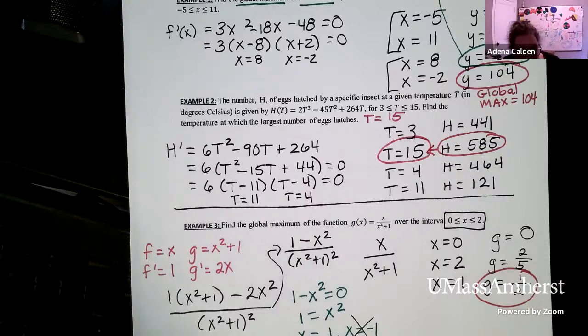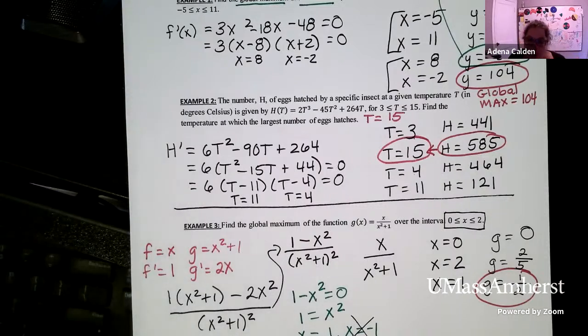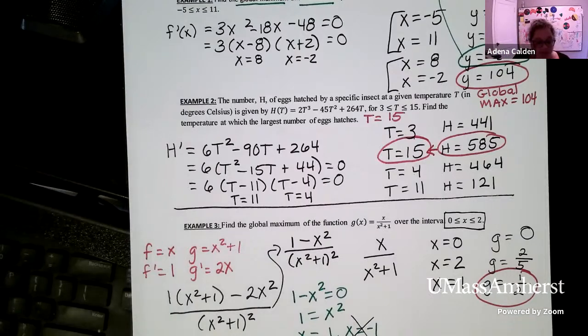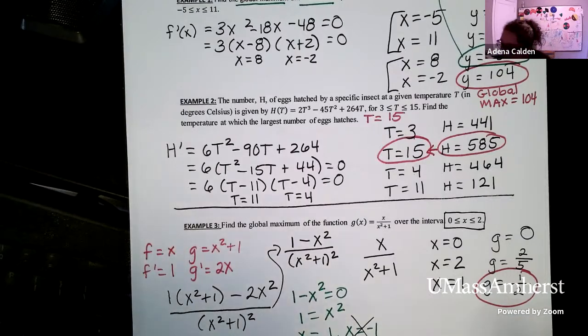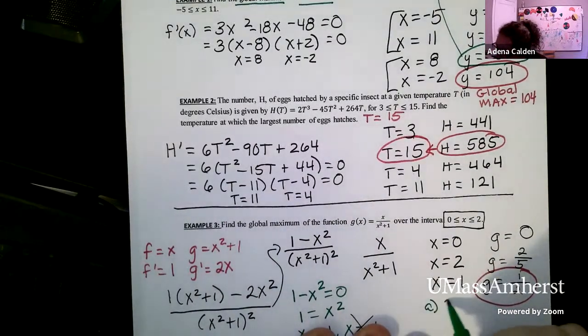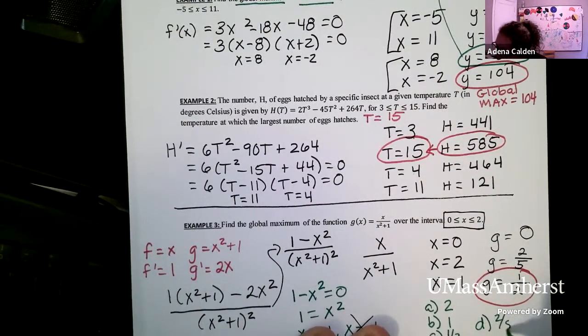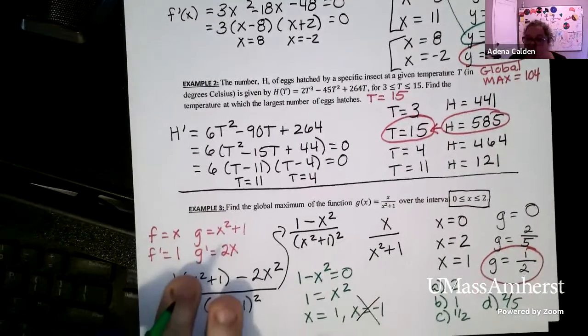Okay. So again, the wording is really important. If this was on a mini quiz and it said, find the global maximum, the answers would likely be something like A, 2, B, 1, C, 1/2, D, 2/5. Okay, something like that.